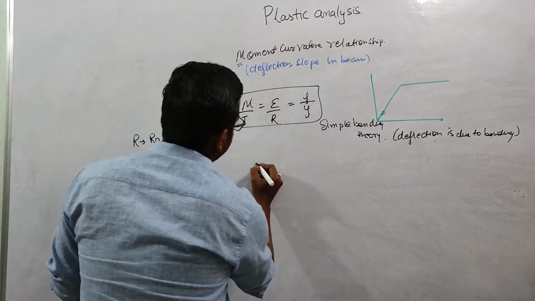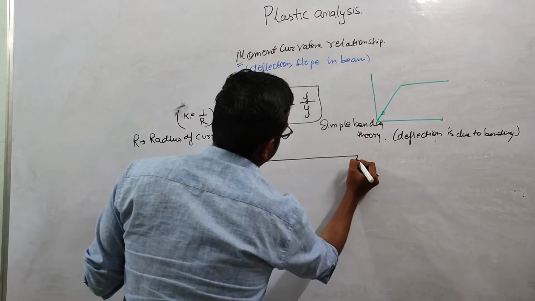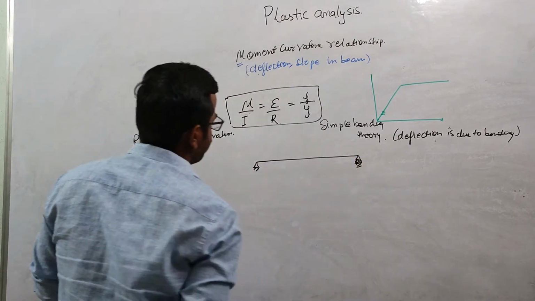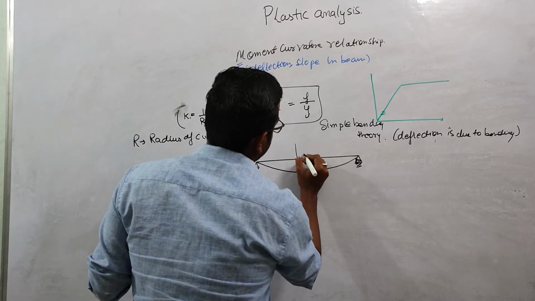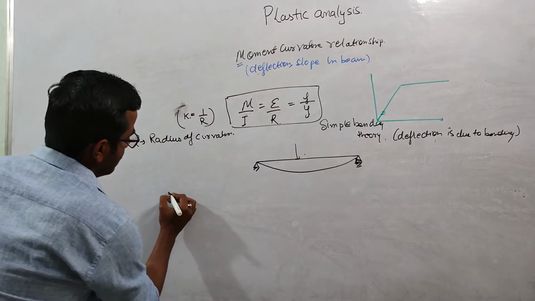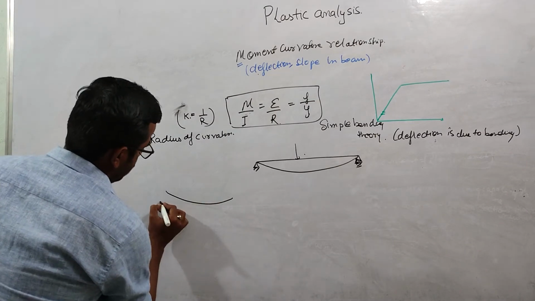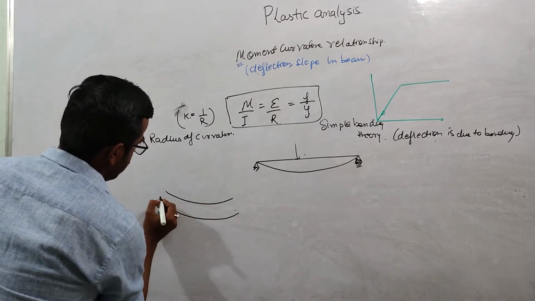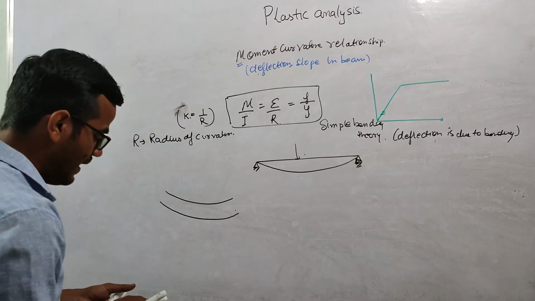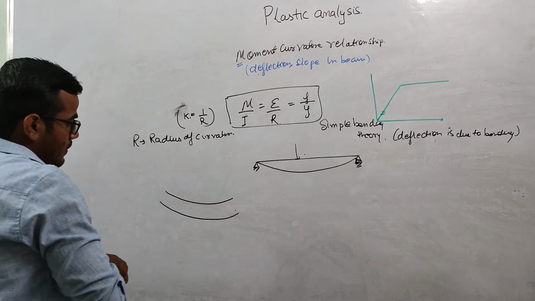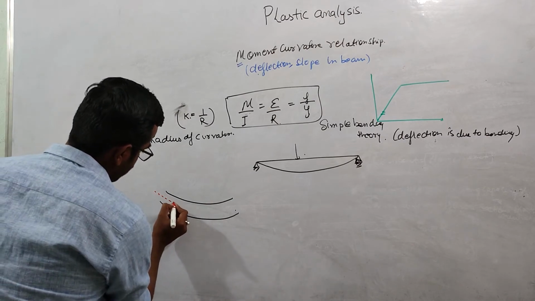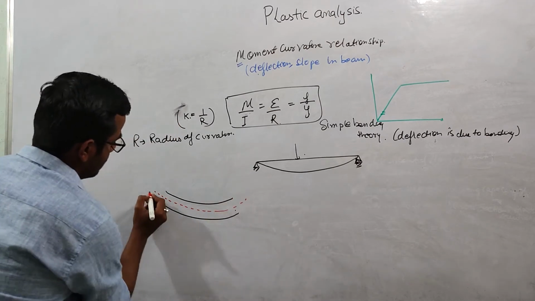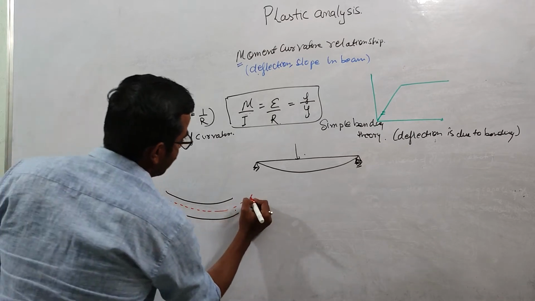Let us suppose we have this simply supported beam, and it is bending like this if some load is acting on it, right? If it is bent like this, and this is our neutral axis, this will be the elastic neutral axis.